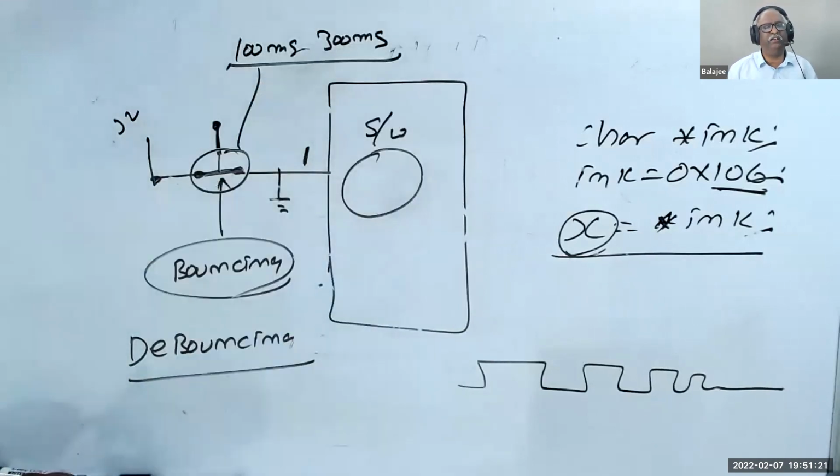The bouncing will be there for that time, so you need to be in a loop. You should have a wait time. You should wait for the debouncing time that is given by the data sheet.